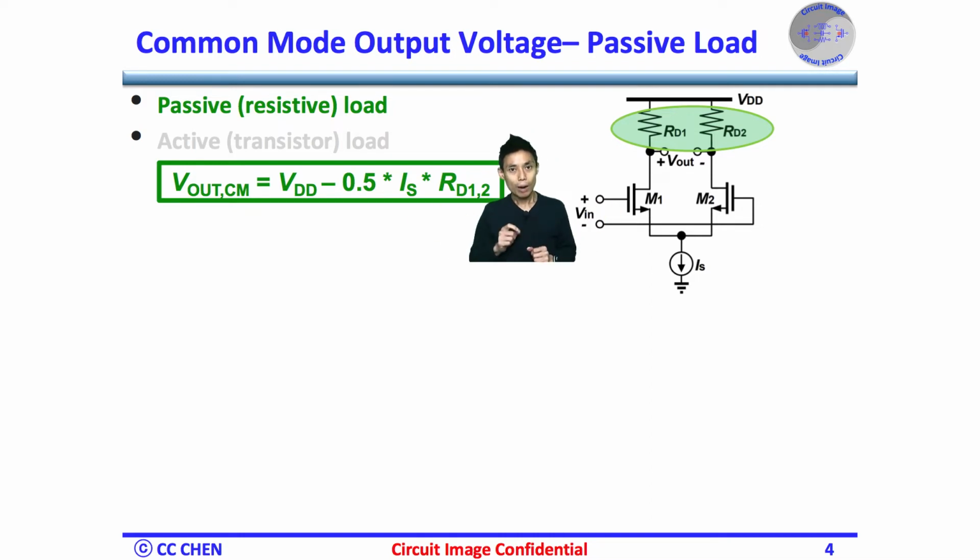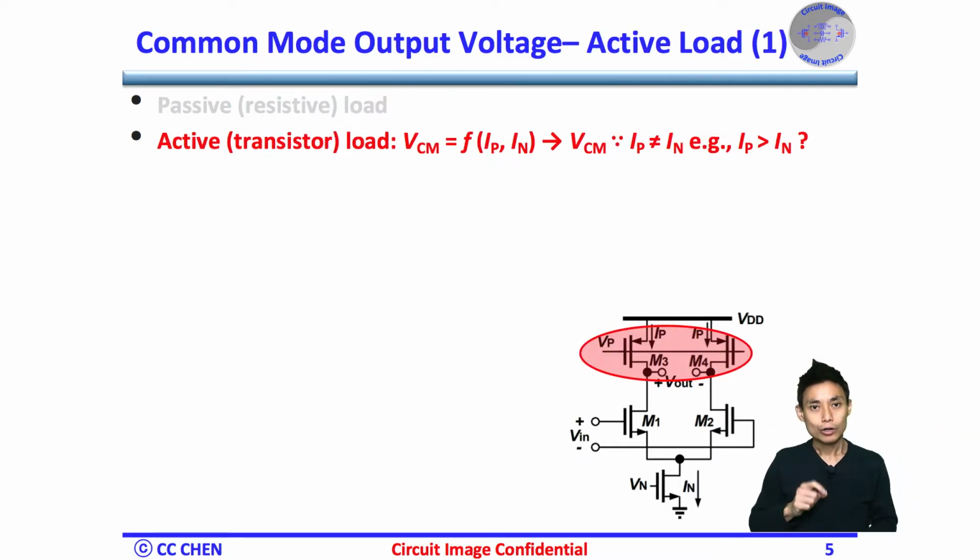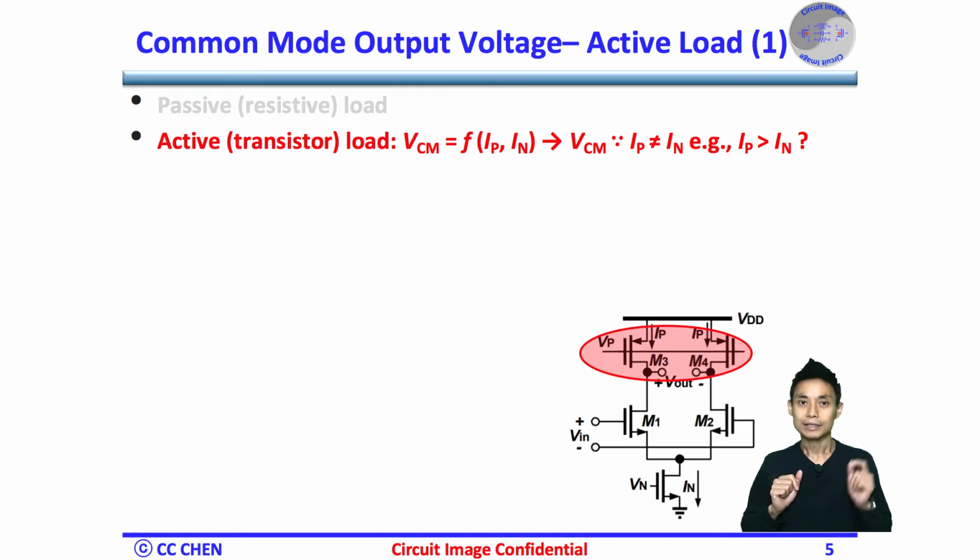How about the output common mode of the active amplifier? For the active load differential amplifier, the output common mode will be set by the top current source IP and the tail current source IN.